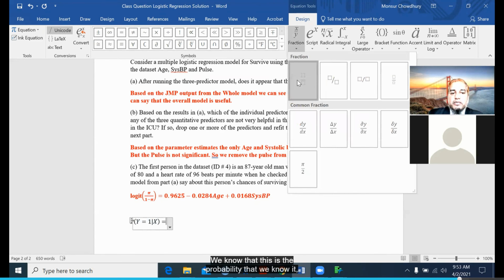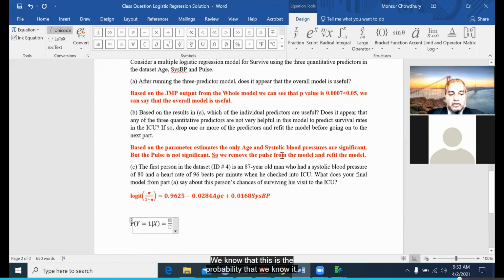How can we write this probability? We know it is 1 over 1 plus e to the power of minus beta 0 plus beta 1 x1 plus beta 2 x2.